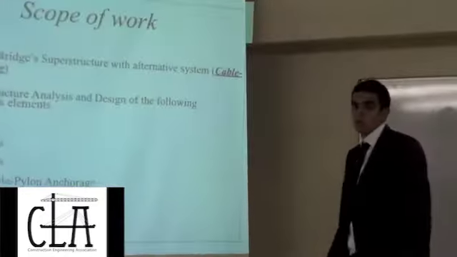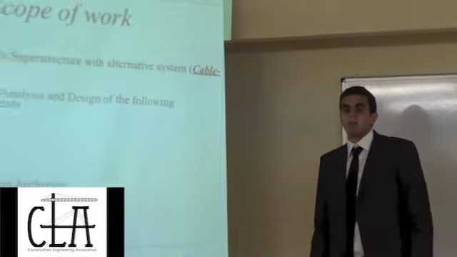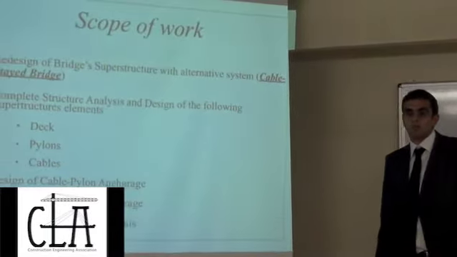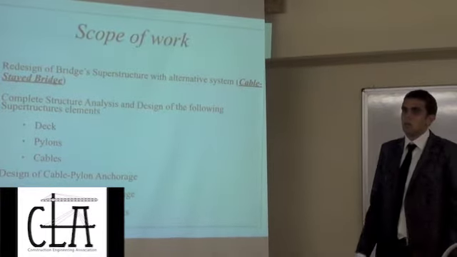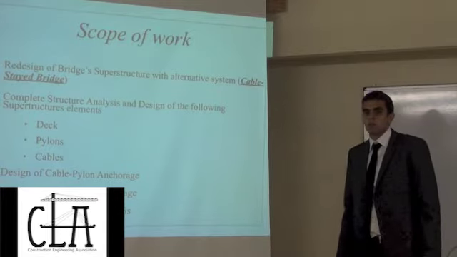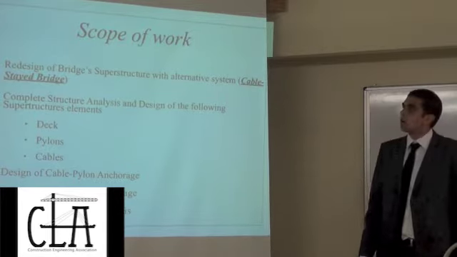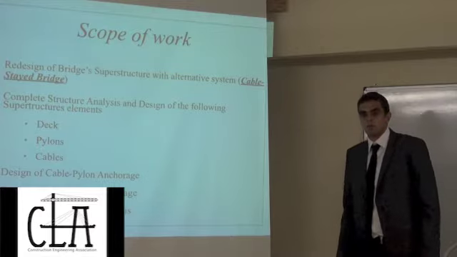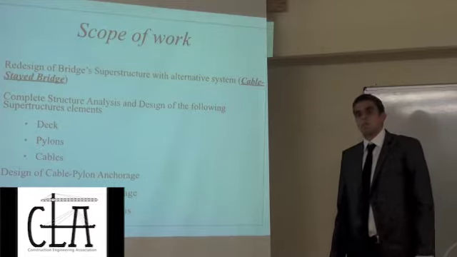And now I'm going to explain the scope of work. First of all, we're going to design the overland bridge, the alternative system, which is a cable-stayed bridge, as Yasmin indicated. The first thing we need to do is preliminary dimensioning for the bridge, since new elements are introduced, such as the pylons. After that, we're going to start analyzing the bridge and provide a complete structural analysis, which will lead us to the design stage.